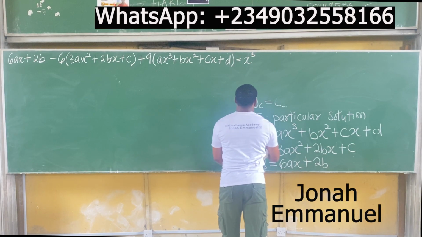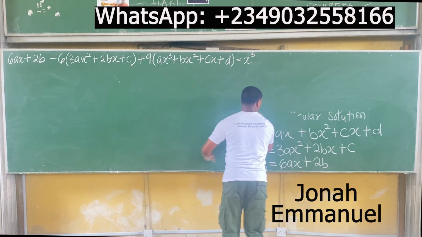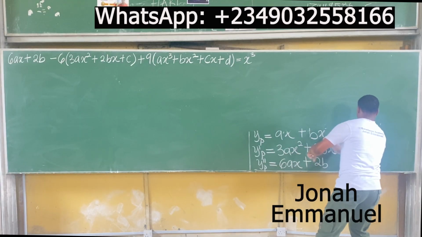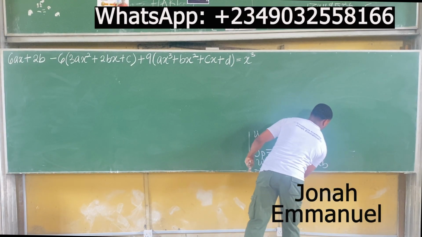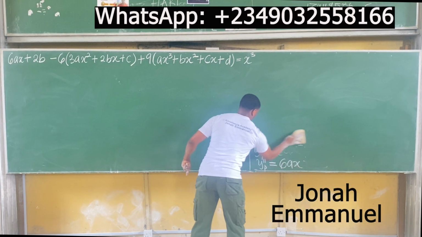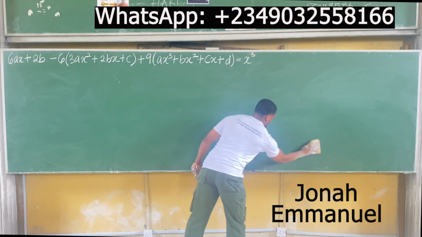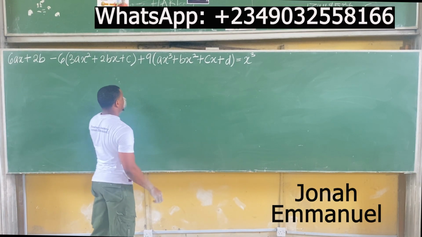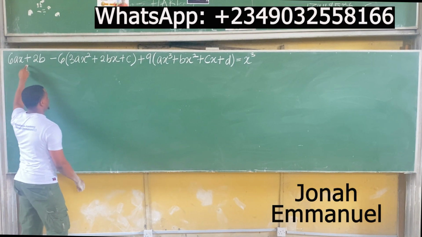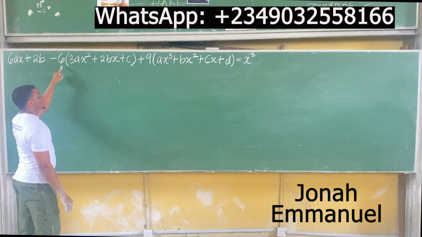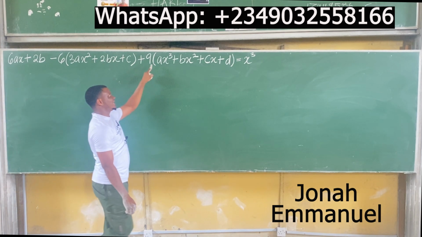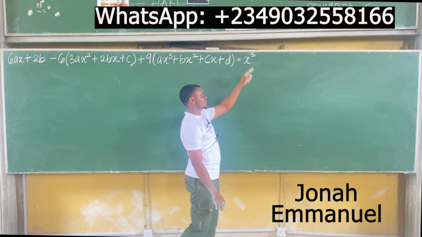And so if you check, you're having d squared y over dx squared minus 6 dy dx plus 9y is equal to x cubed. So we have this.